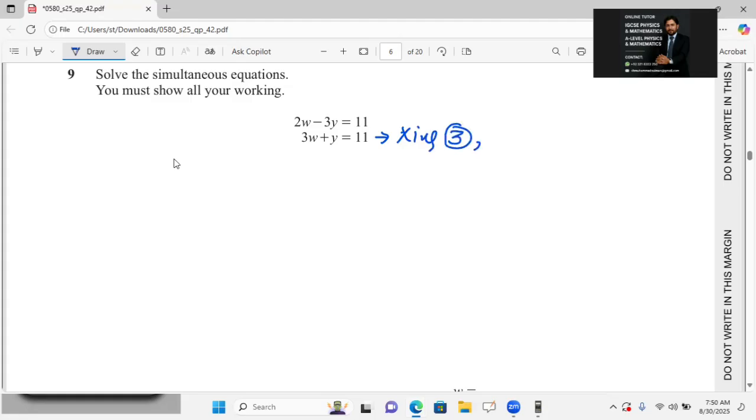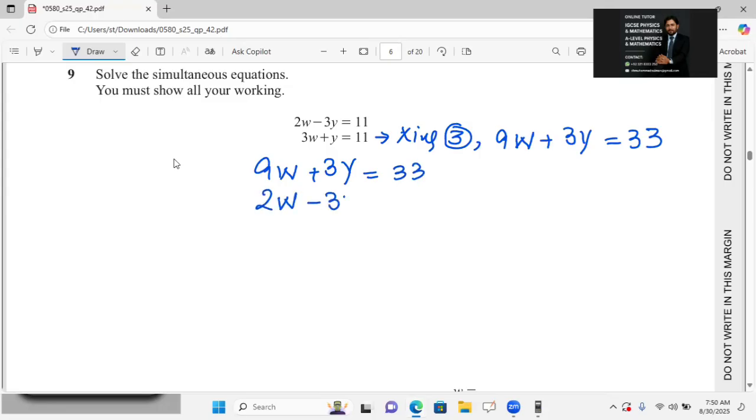Then I get the new equation 9w plus 3y is equal to 33. Right now, write this equation above, 9w plus 3y is equal to 33, and add the other equation, 2w minus 3y is equal to 11.